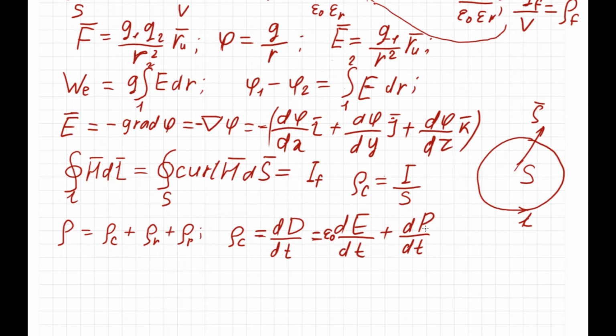P is the polarization, epsilon is the permittivity, as we know earlier.